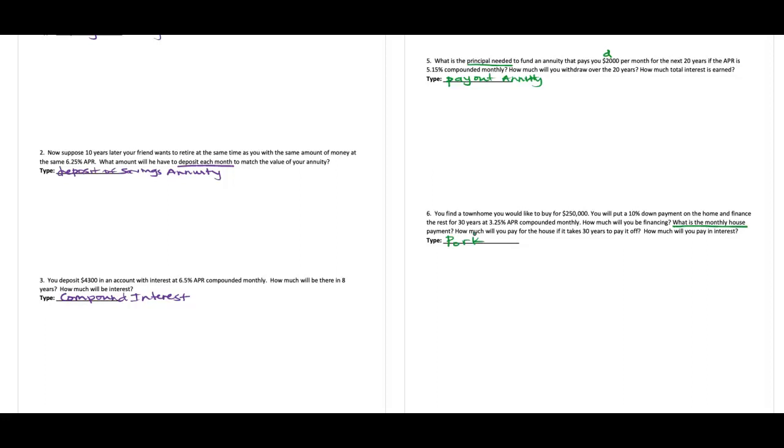I know that can be tricky. If you know which formula to use when, then it's just a matter of plugging the stuff in and having your calculator do most of the rest of it for you.